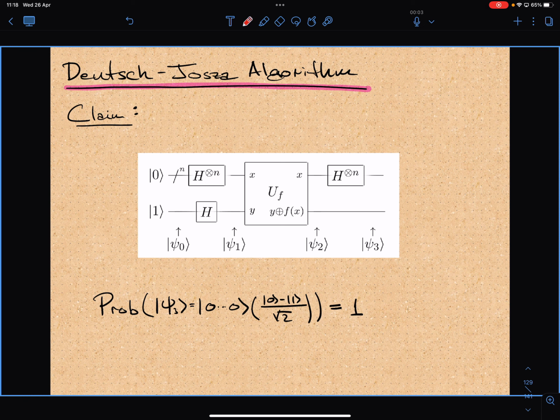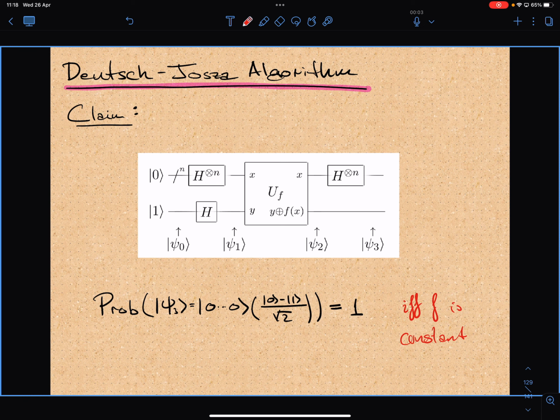If f is constant, the final state psi 3 is going to be this state, specifically this state, with probability 1.